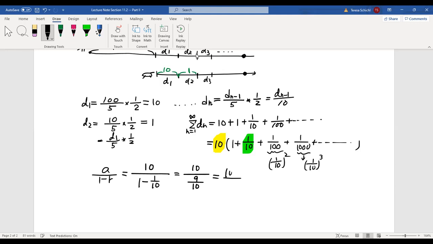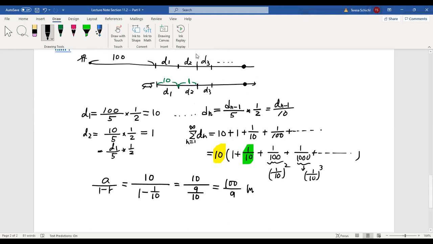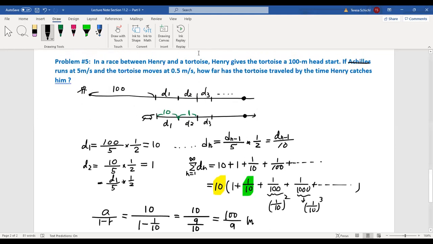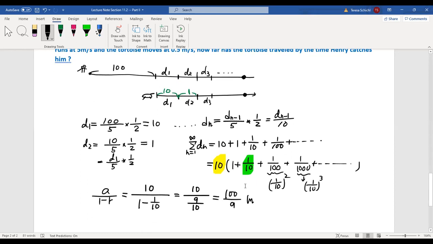So this will be 100 over 9 meters. So we know the total: Henry travels 100 over 9 meters, a little bit more than 10 meters.